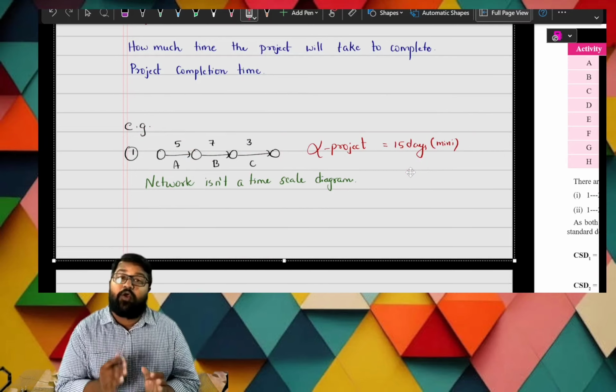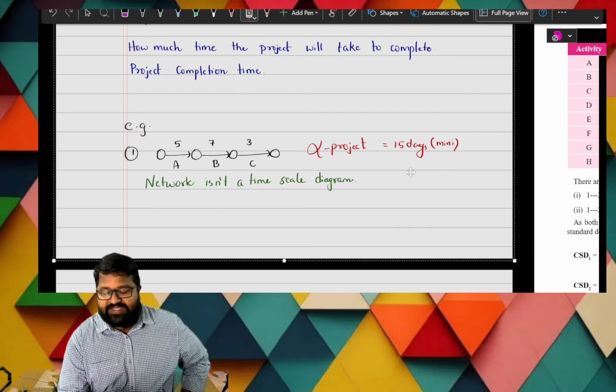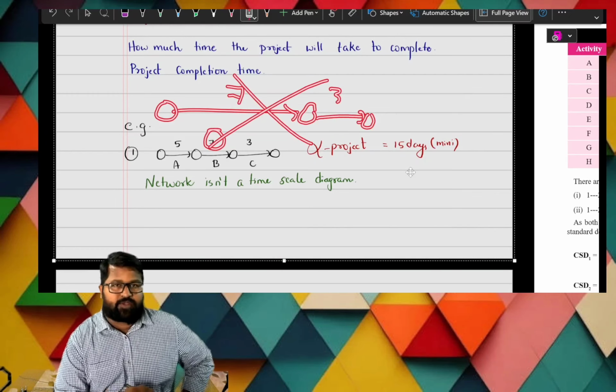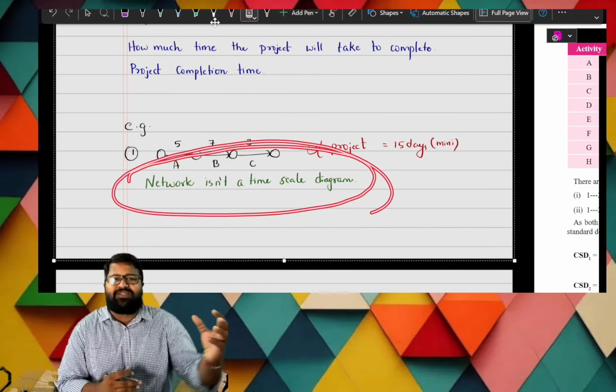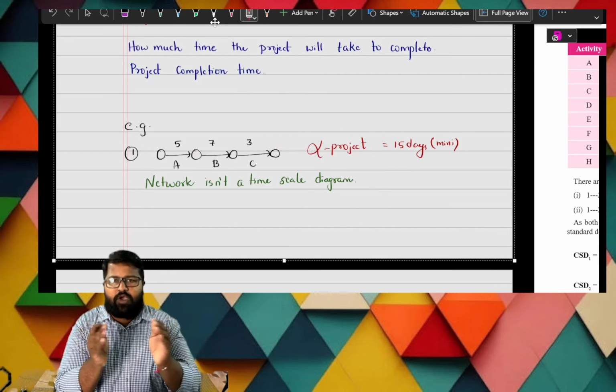Also, do not make the wrong assumption that as the duration is 7 days we have to draw a big arrow, and as it is 3 days a small arrow. It is not right. A network is not a time scale diagram. We are not representing the time with a scale.